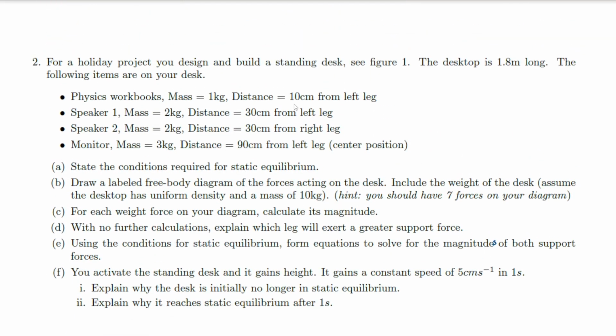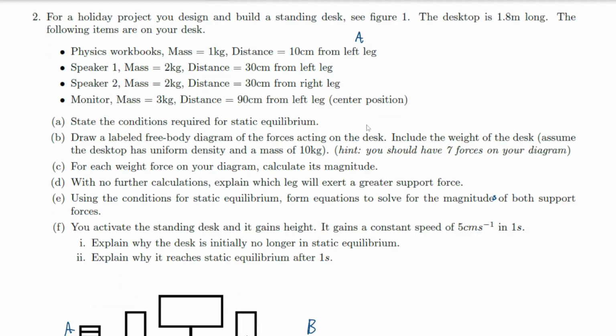So the physics workbook is 10 centimeters from the left leg. And a reminder, we've labeled our left leg as A. The speaker is 30 centimeters from the left leg. The second one is 30 centimeters from the right leg. Okay, so let's work that out. 10 and 30.